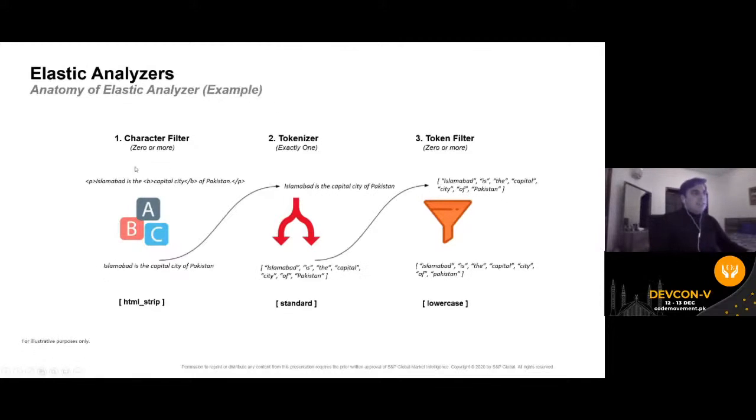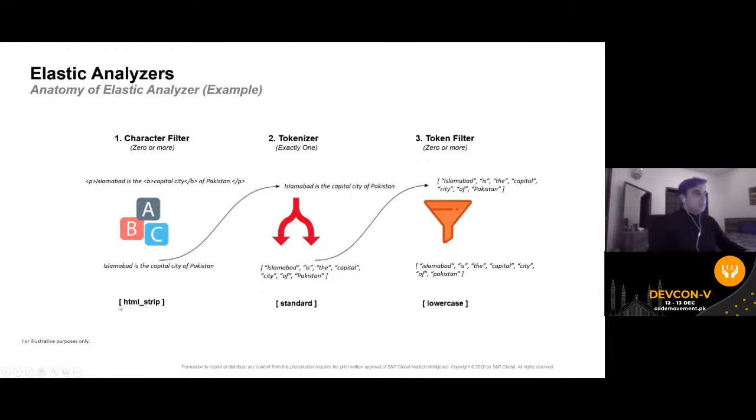Elastic by itself has many out-of-the-box character filters, tokenizers, and token filters available. You don't really have to create your own. In most cases, you just configure already existing character filters, token filters, and tokenizers, and you are good to go. In these examples, I'll be mentioning the appropriate character filter, tokenizer and token filter at the bottom.